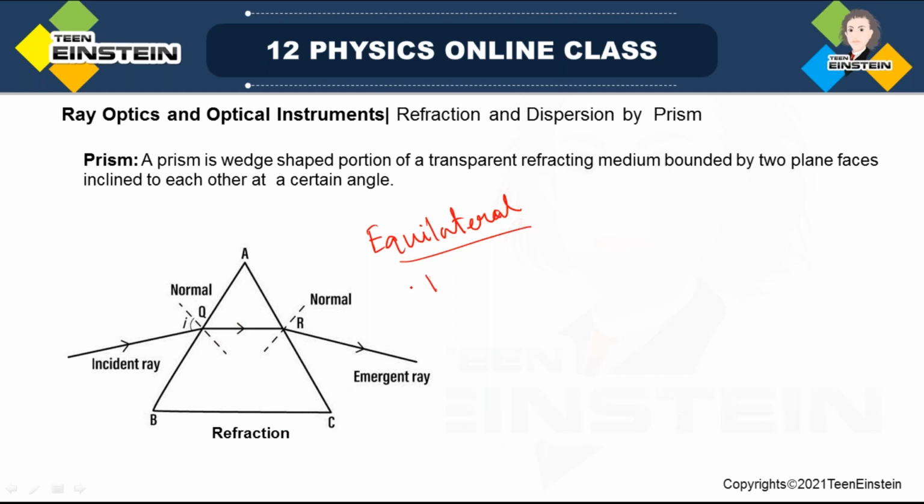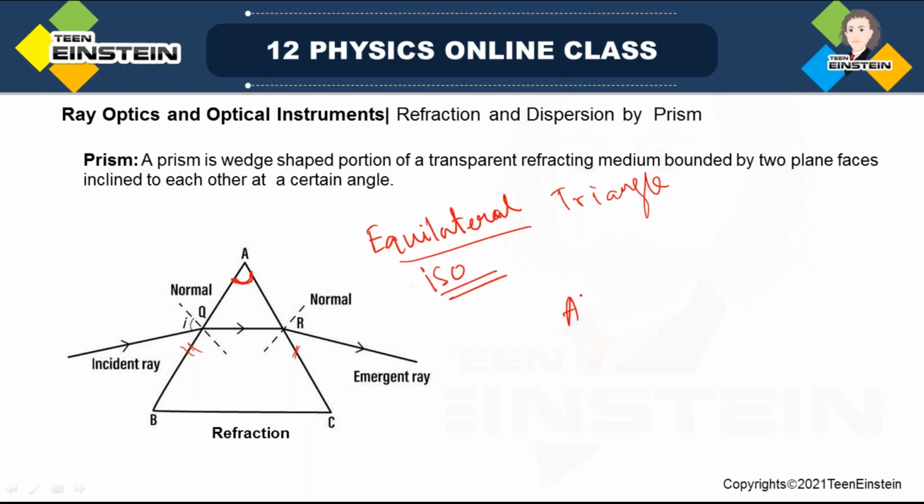Sometimes it will be isosceles, so in that case two sides will be equal. And now here the angle of prism is this one.